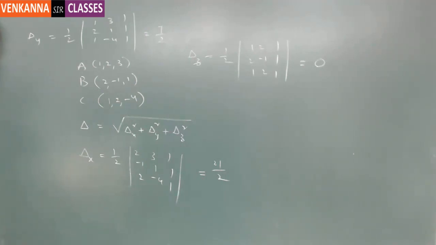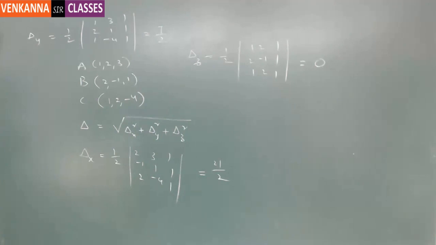So I request everyone to calculate the determinants on their own. So while taking the square, it will become positive, right?